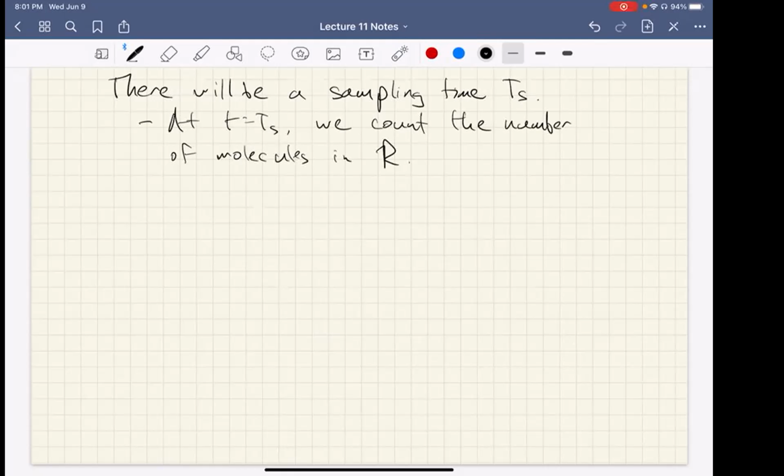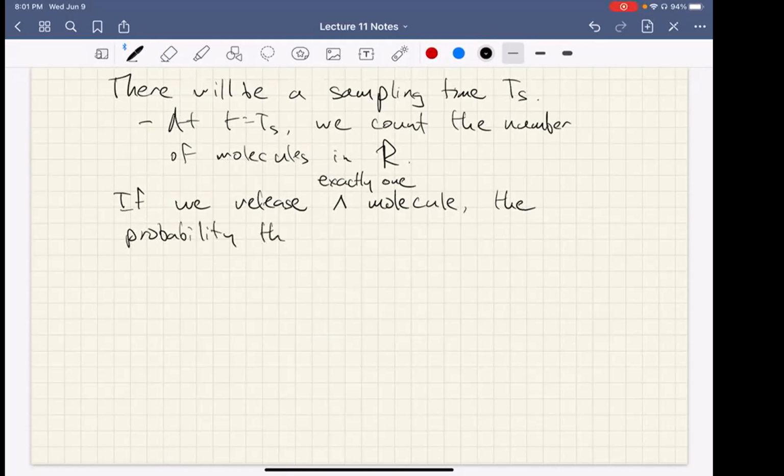So if we release exactly one molecule, the probability that it is in R at time TS is given by PR of TS.